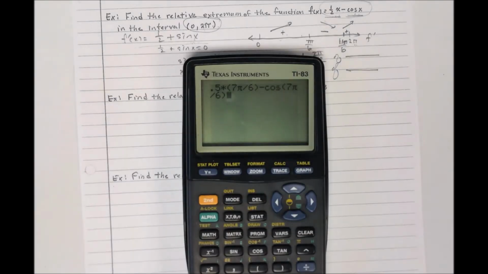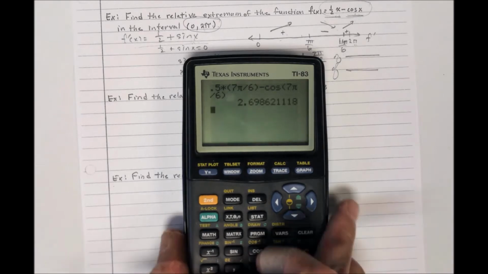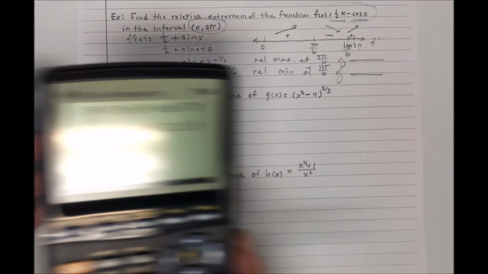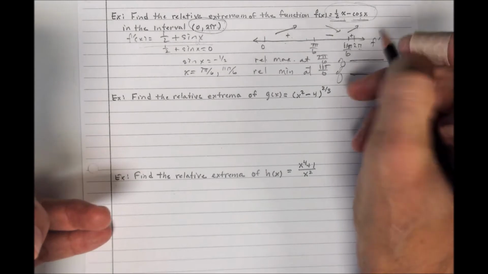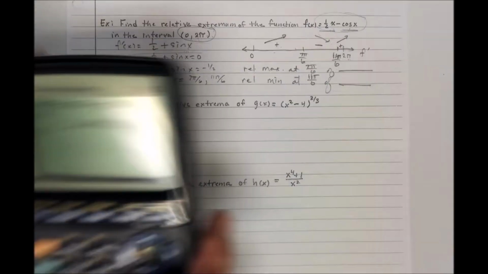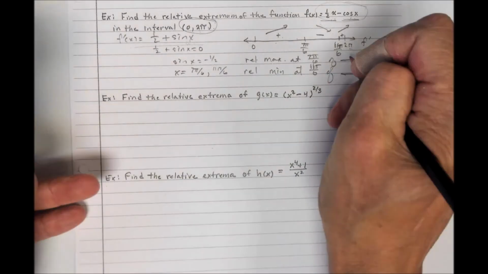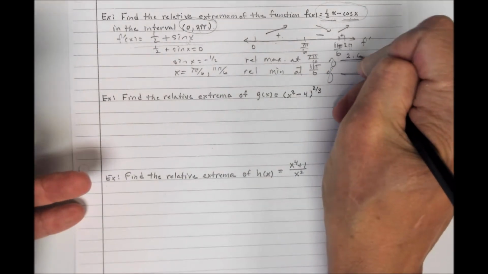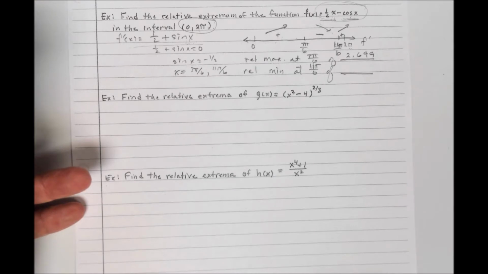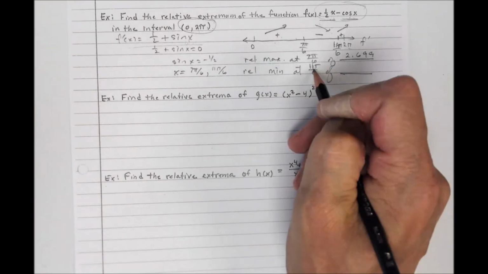That gives 2.6986, so to 3 decimal places, 2.699.